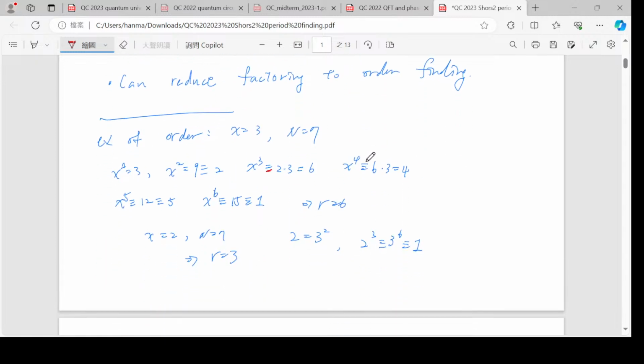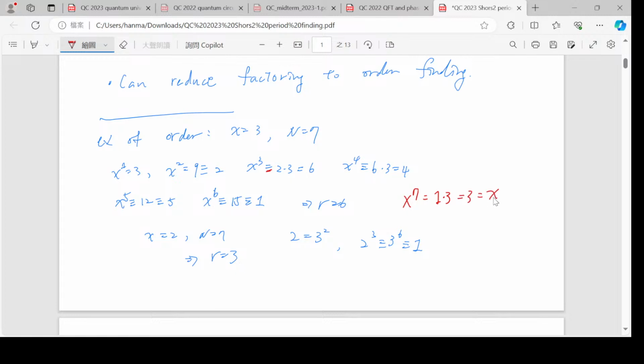And you can see things are kind of cyclic here. If you do x to the 7, then you will become 1 times x, 1 times 3, which is back to 3.